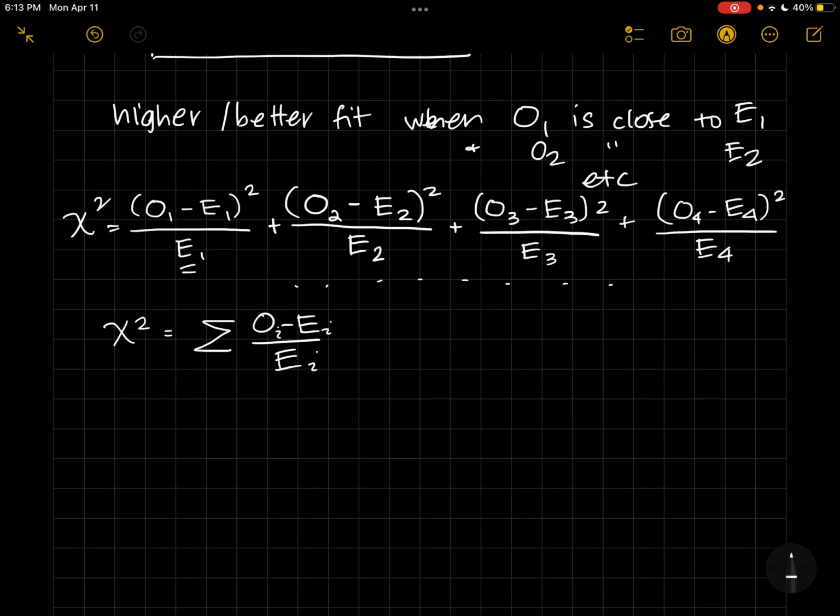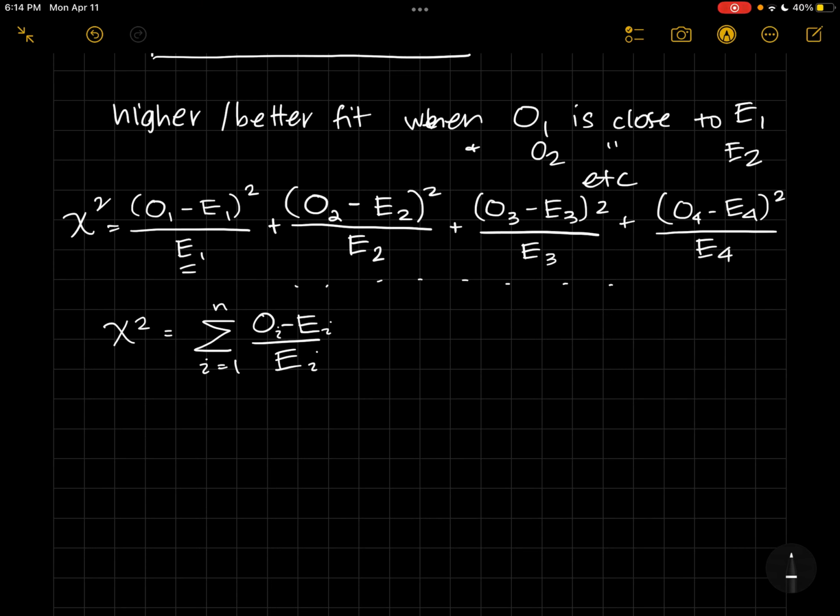And we say that we have n values. So I equals 1 to n. So we're going to sum up O1 minus E1 over E1 plus O2 minus E2 over E2, etc., all the way up to On minus En over En. And in our case, n is just going to equal 4. So that's in our case.